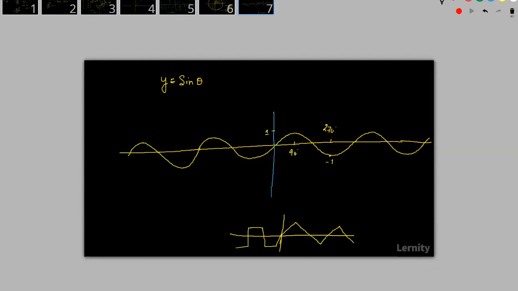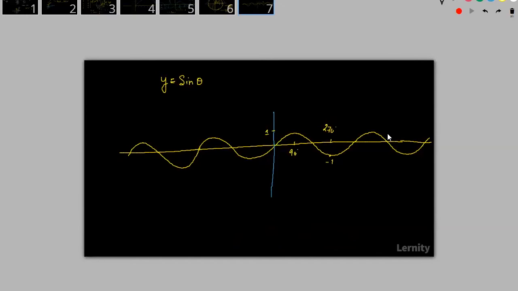You cannot change it. It is a curve. It will be a smooth curve. Understood? You cannot make a sine curve as anything else. It should be a smooth curve, like this.